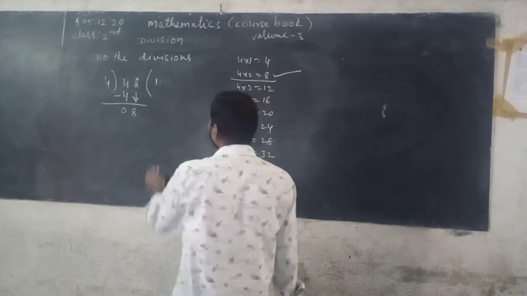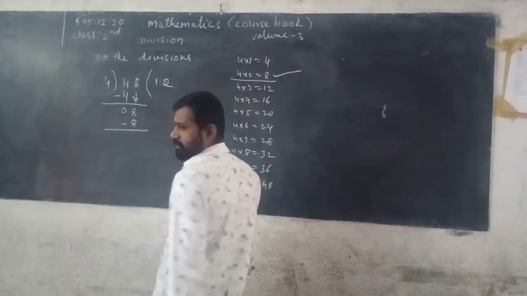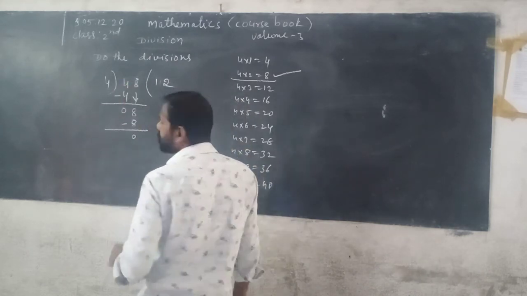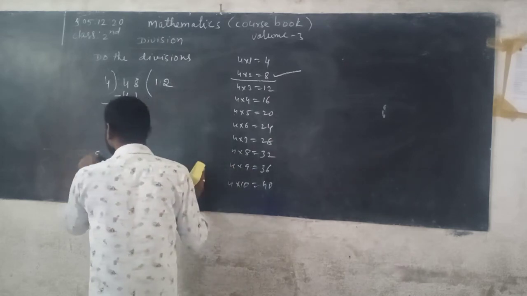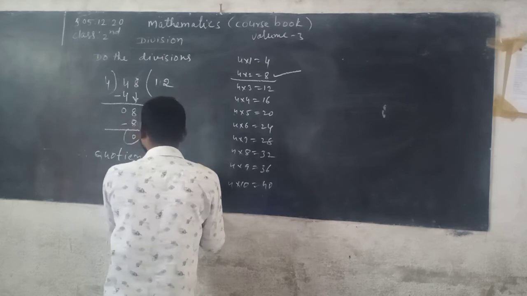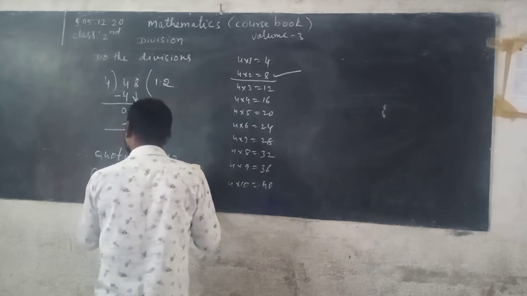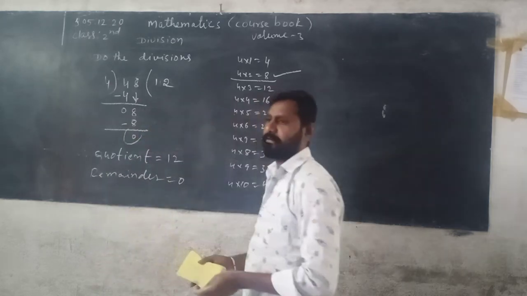So 4 2, write 2 in the quotient, 8 write down below 8. Now 8 minus 8, 0. There is no number left in the dividend. We can stop it. Therefore, quotient is equal to 12. Remainder is equal to 0.